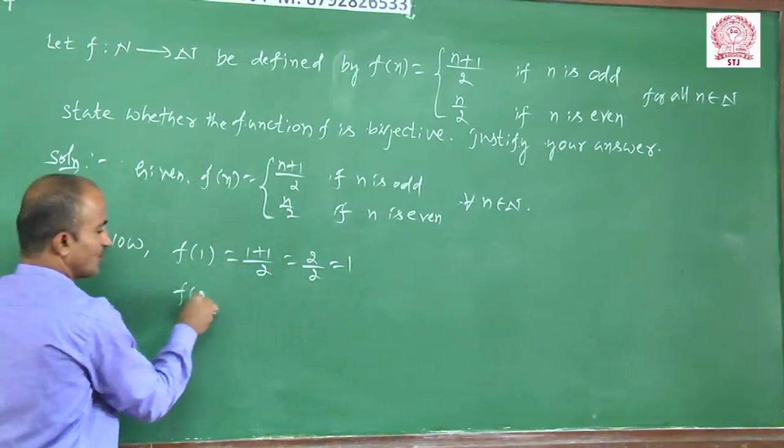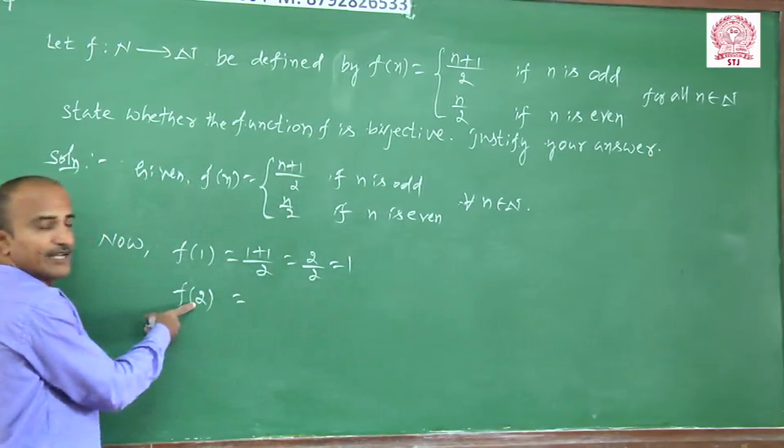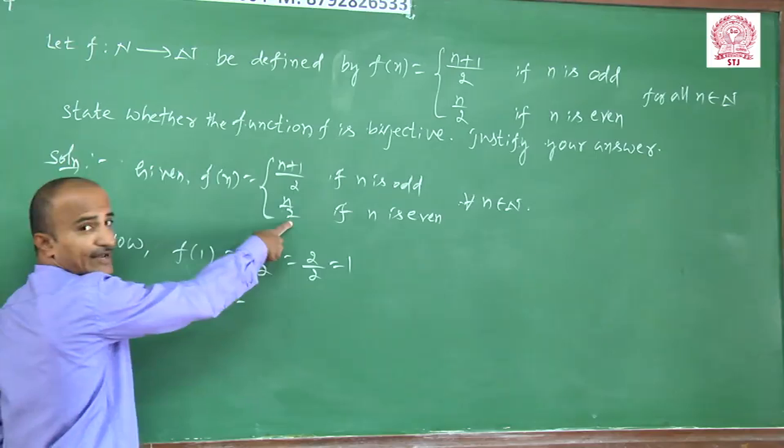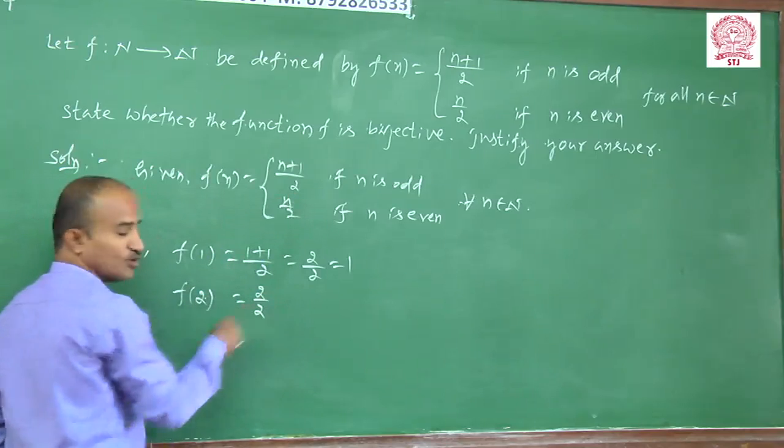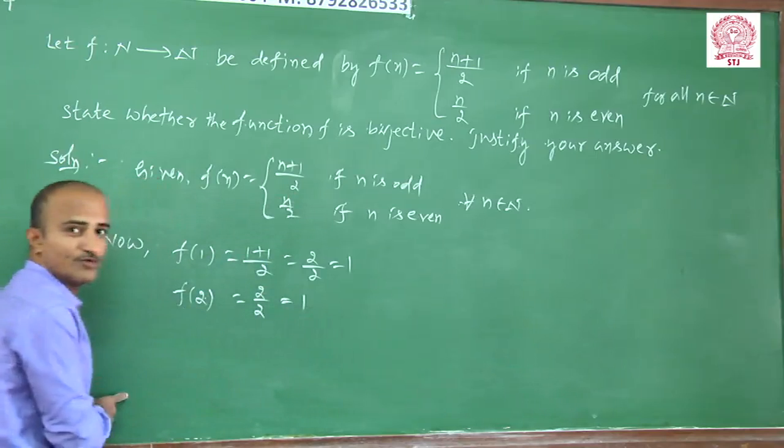If you take f of 2, when n is even, then f of n is defined as n by 2. In place of n here we have 2. Replace that n by 2, 2 by 2, and that will be equal to 1.